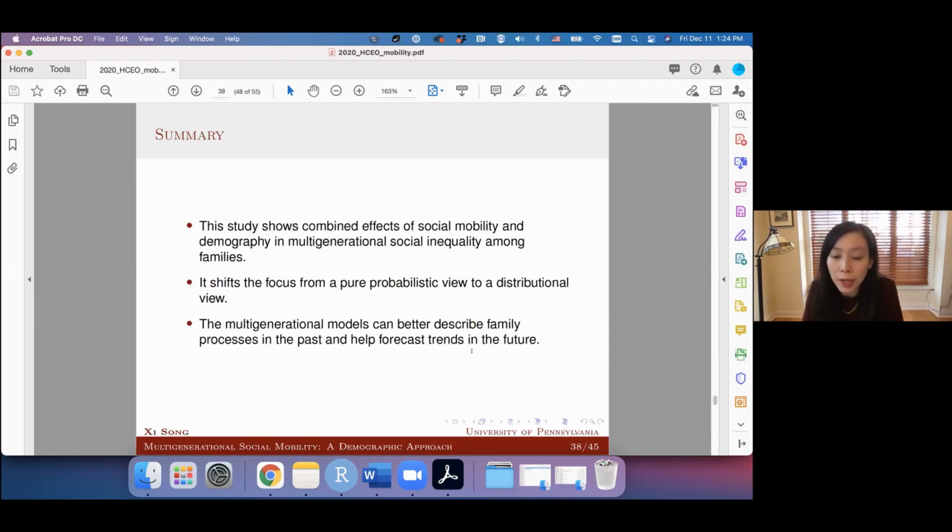This model can help us better understand the interactions between population processes or population renewal and social mobility, and can help us better understand our past and also forecast trends in the future. So I will stop here.